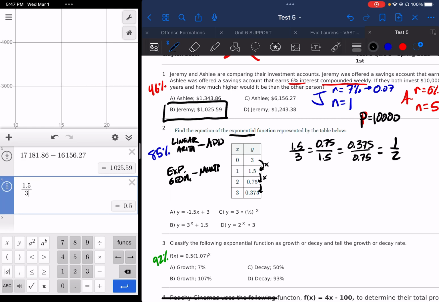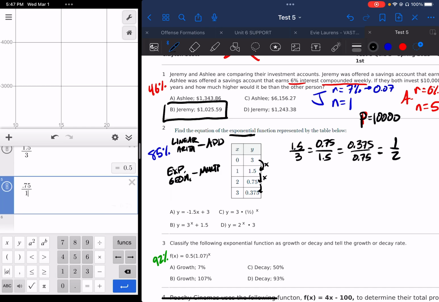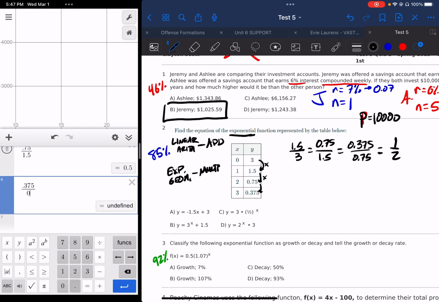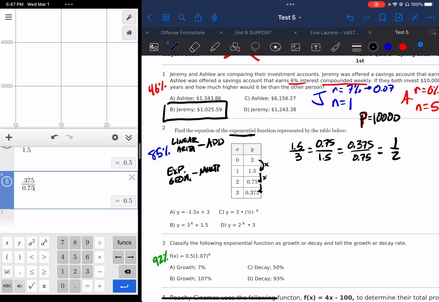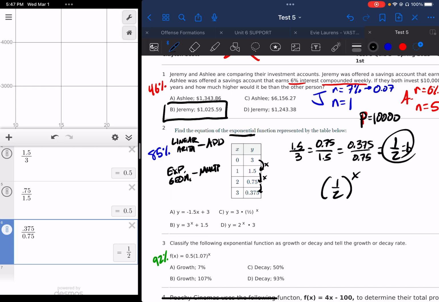If you type in the other ones, you should get the exact same thing. 0.75 divided by 1.5, 1/2. 0.375 divided by 0.75, 1/2. If you're not sure about that, there's a little button to the left that looks like the fraction button on the calculator. If you click that button, it'll turn it into a fraction. So my base is 1/2, which means in my equation, I should have a decay base of 1/2.